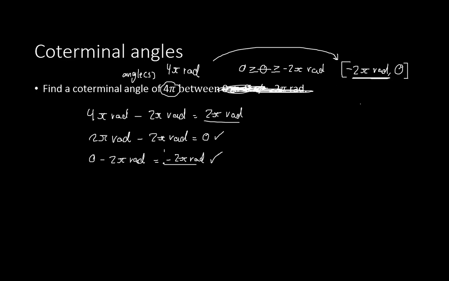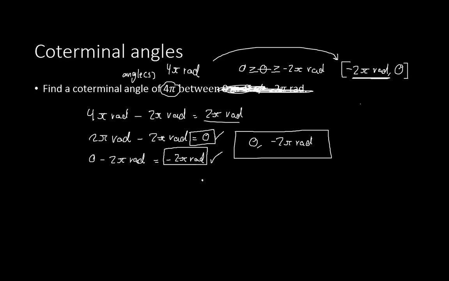So we can now stop right here. With that being said, 0 and negative 2 pi radians are the coterminal angles of 4 pi radians within this range. So these are your answers.